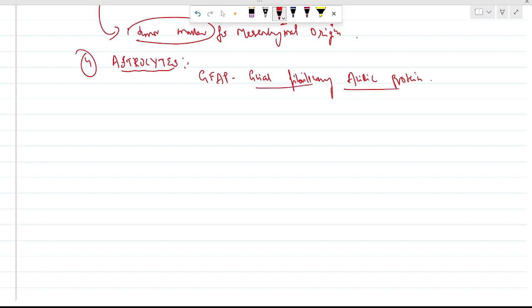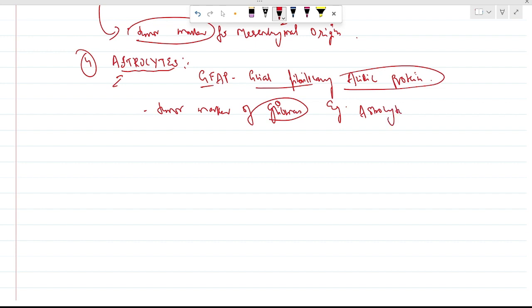This specific protein is a tumor marker of gliomas, that is, the tumors of the glial cells. There are different glial cells in the central nervous system, which we are going to discuss in subsequent videos. One of the glial cells is the astrocyte. For example, astrocytoma is a type of glioma.